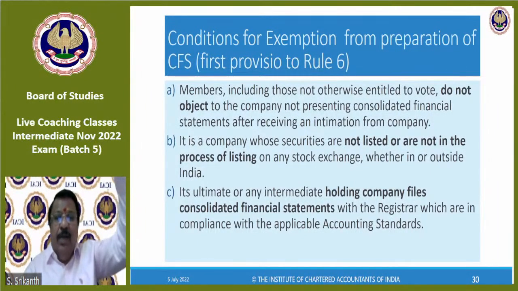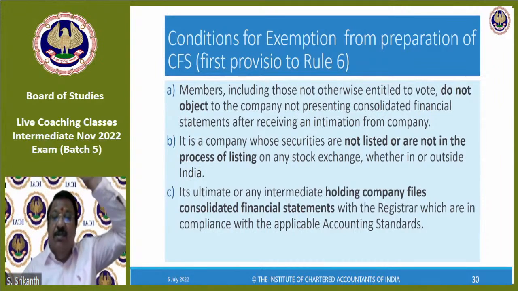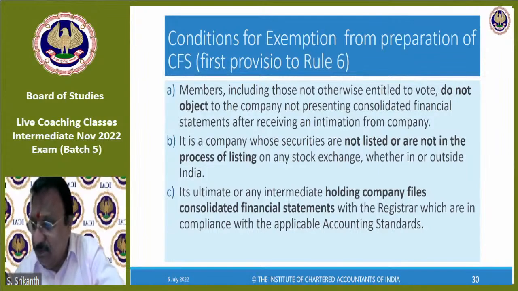See, ABC Limited is the holding company, DEF Limited, one subsidiary, one layer. Okay, DEF Limited, XYZ, third layer. Now, XYZ need not consolidate. DEF need not consolidate with XYZ, provided ABC is filing consolidated financial statements, right?